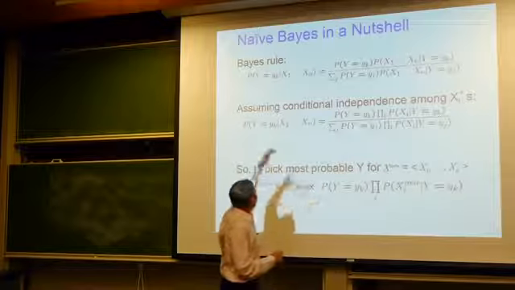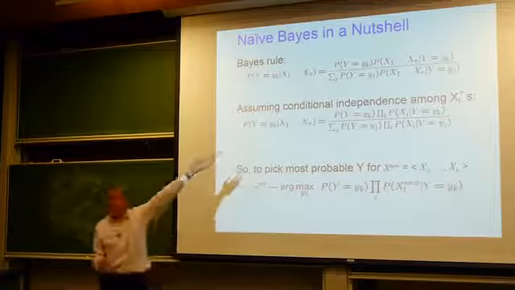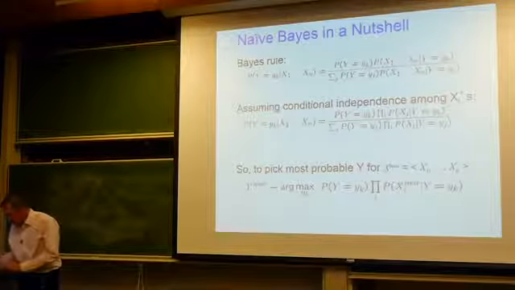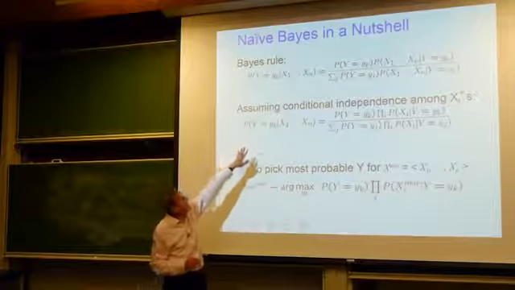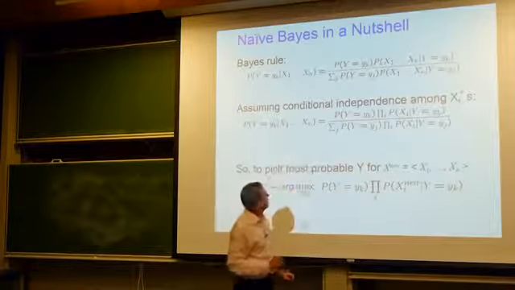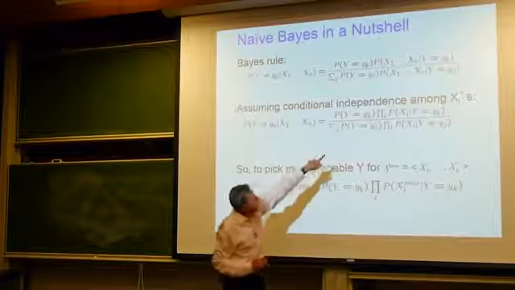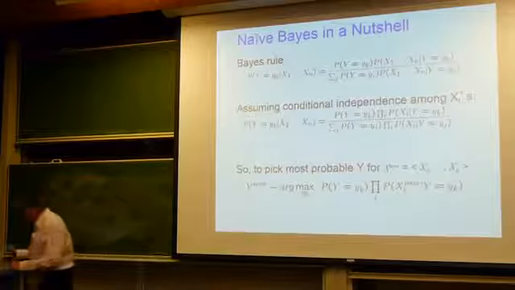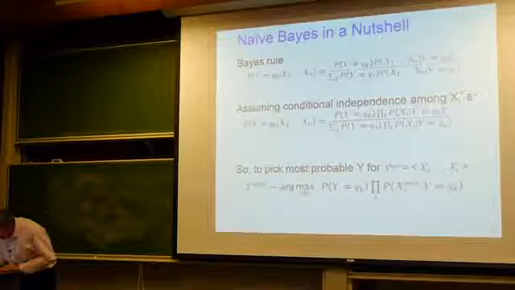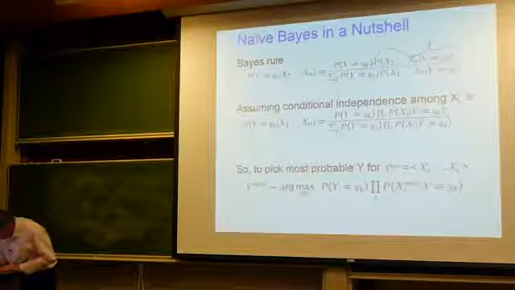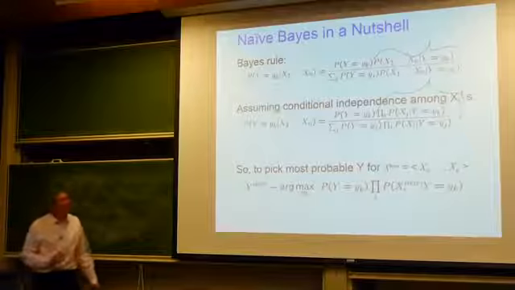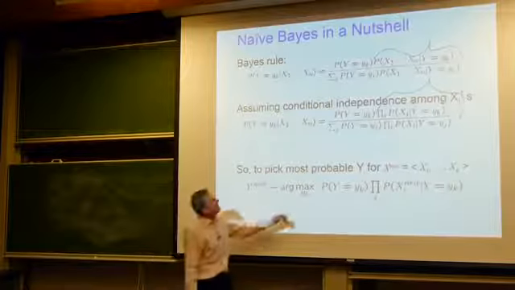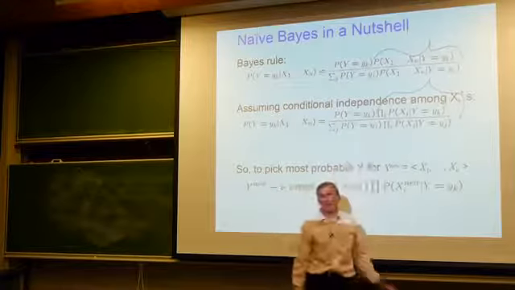It works exactly like this. You all know Bayes' rule, which says how to calculate the probability of y given x in terms of those other terms. The conditional independence assumption, if we make it, allows us to re-express this term as the product of all of those.